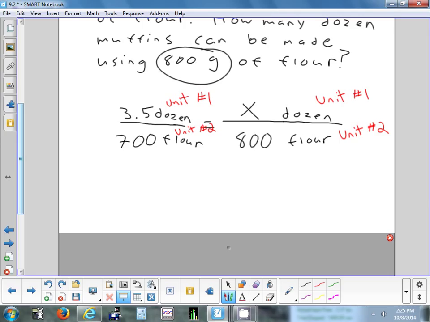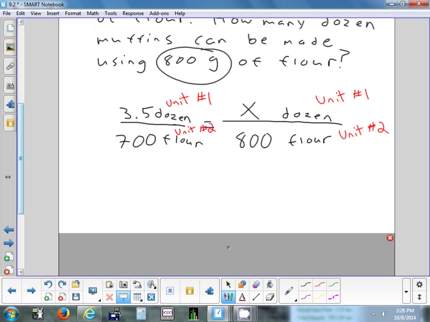Same thing on the other side. If you chose unit number 1 on top, on the other side it better be in the same spot, on the top. It could be miles, it could be trees, it could be whatever. Whatever you're comparing on one side, make sure it's in the same spot on the other side. That's important, all right?